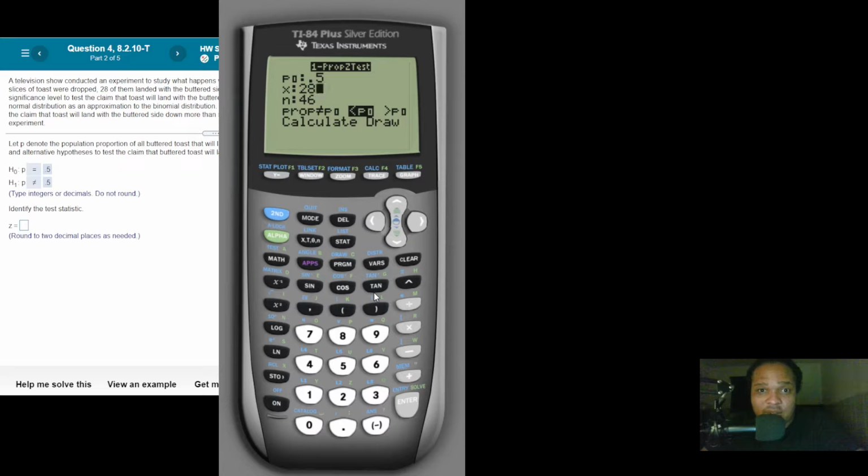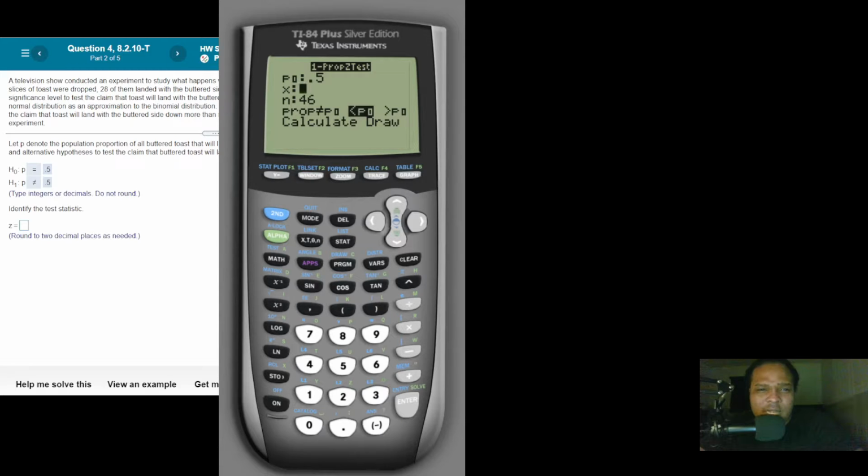Oh, wait a second. When 46 buttered slices of toast were dropped, yeah, that's your sample size. 28 of them landed with the butter side up and 18 landed with the butter side down. So we can't just put 28 for right now. We're going to have to hold off because it could be the 18. Judging by what we're trying to test a claim on, that's the number we're going to put down.